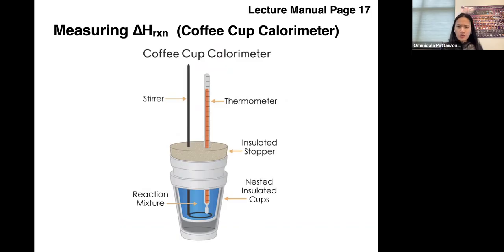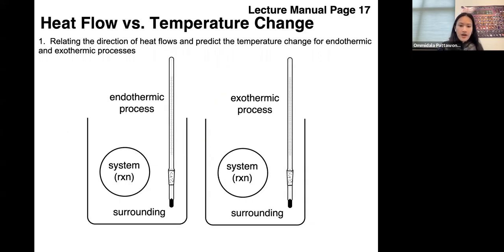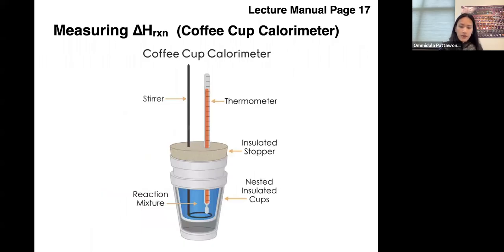The reason for this is that we use a styrofoam coffee cup to prevent the exchange of heat between the environment and the system that we are studying. It is composed of a stirrer that helps mix the reaction together, and it contains a thermometer that helps measure the temperature change before and after the reaction.